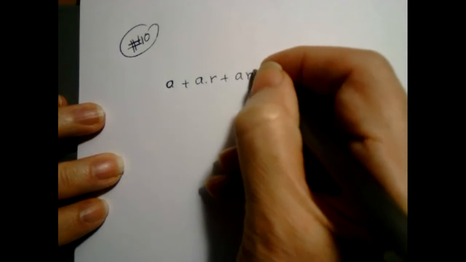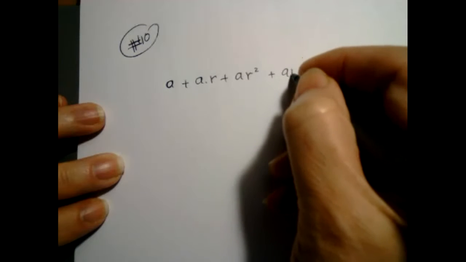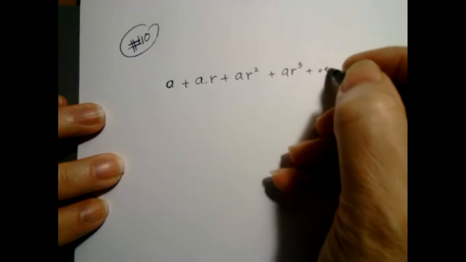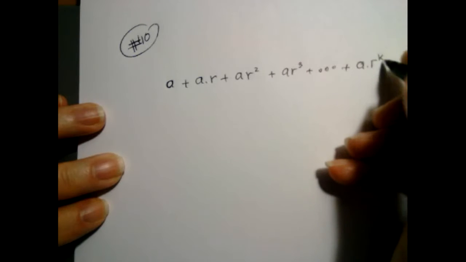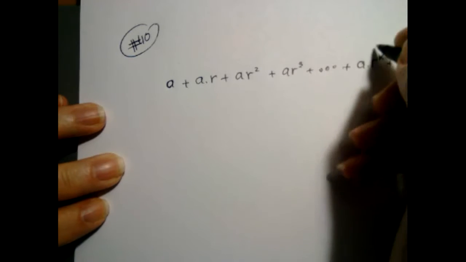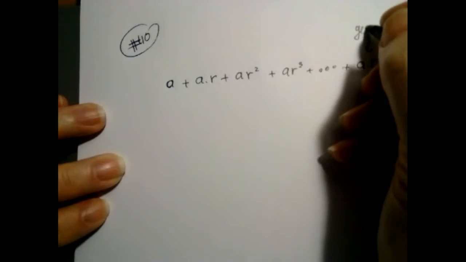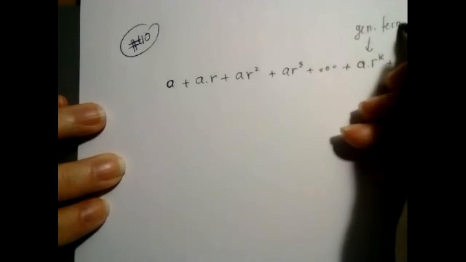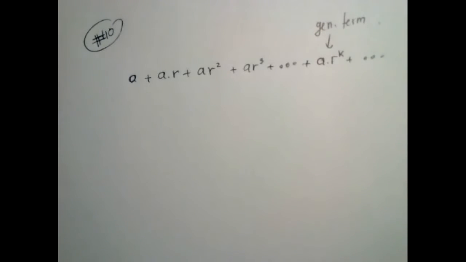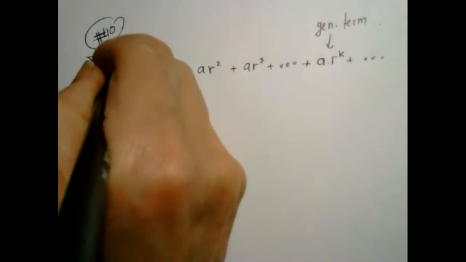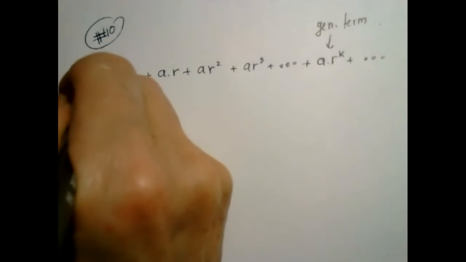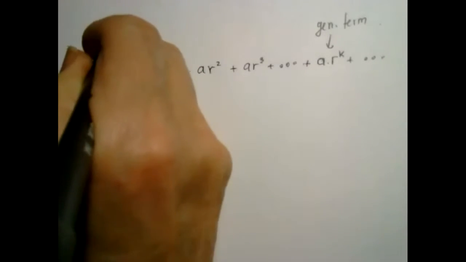So we keep adding, and the general term is A R to the k. In sigma notation, this is the sum of A R to the k, k starting from 0 to infinity.